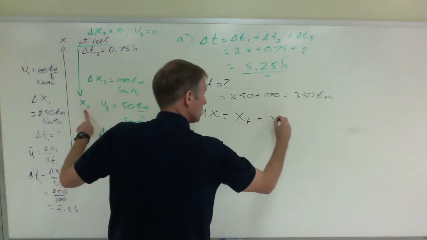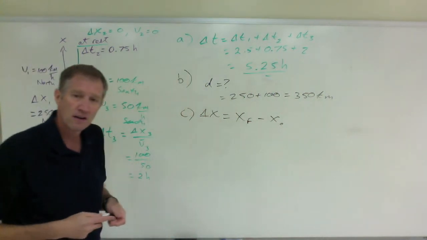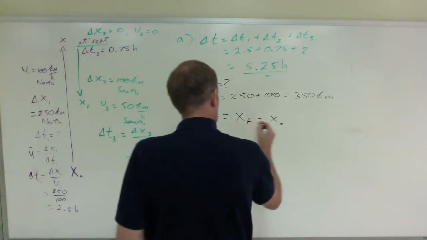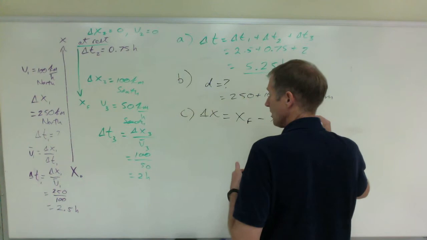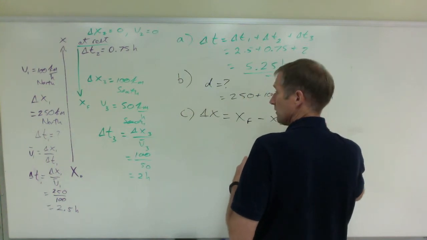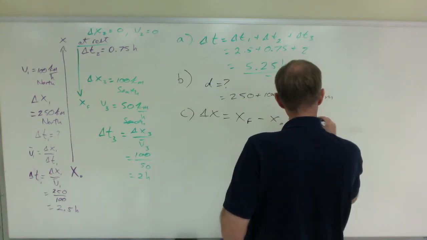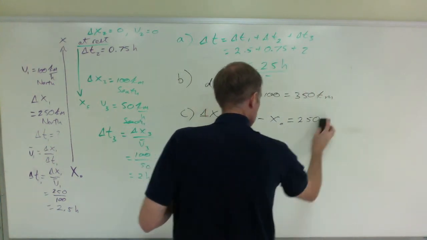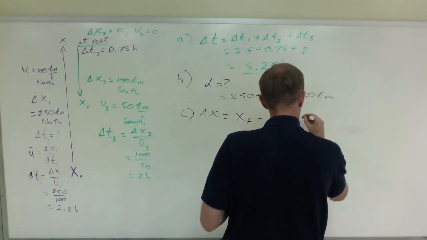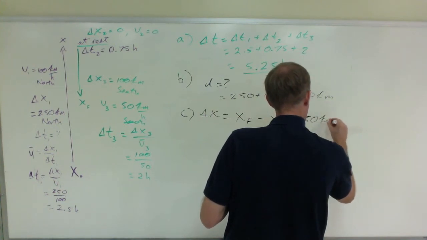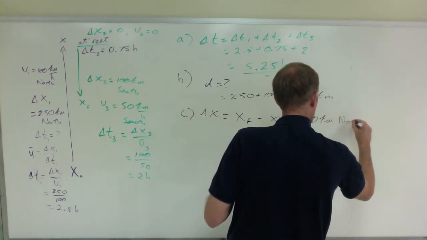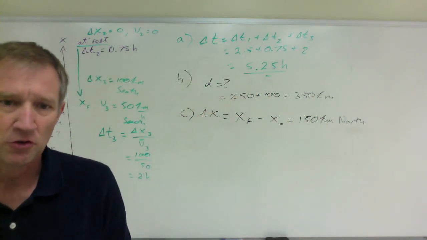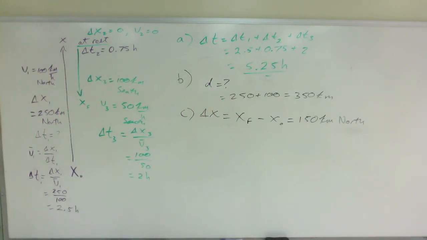It's comparing where you stopped to where you started. That's 250. No, it isn't. Bad teacher. I said that's 150 kilometers north. So she ended up 150 kilometers north of where she started.